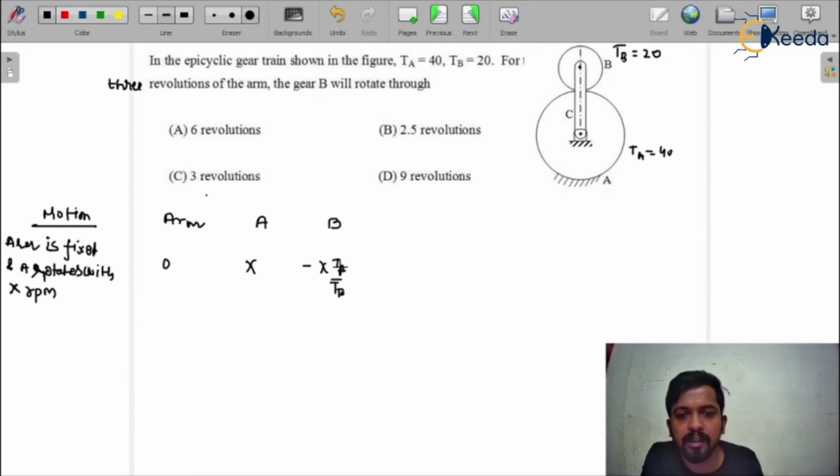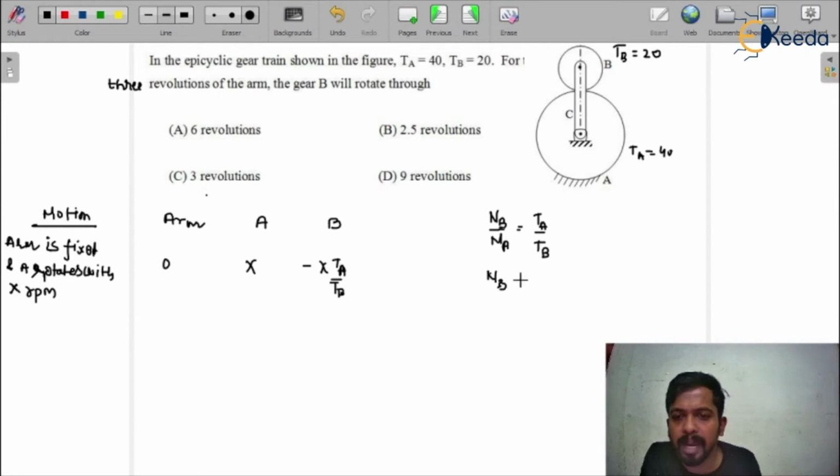How do we get the speed of gear B? We all know that the speed ratio, Nb upon Na, that is omega B upon omega A, is Ta upon Tb. We have seen this in the gear chapter. So here you can calculate the value of Nb.